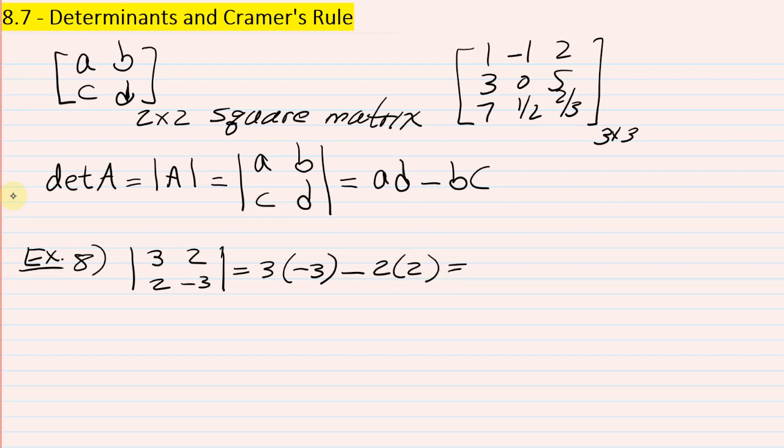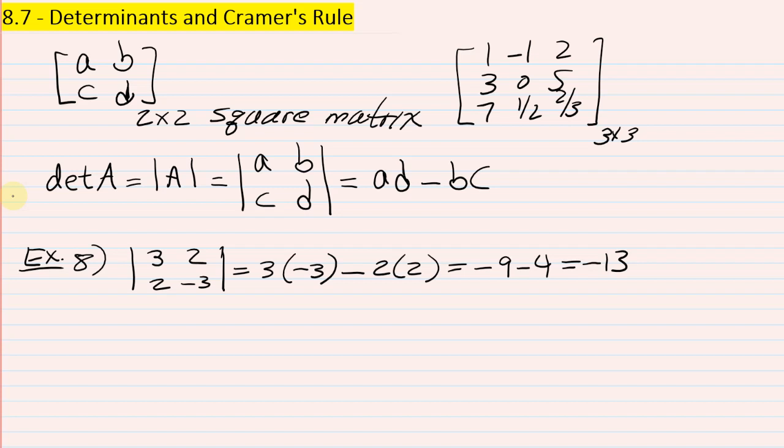That's all you've got to do. That's -9 minus 4, or -13. What does that -13 tell me? In and of itself, it really doesn't mean anything. It's just something we can do with square matrices. Now, we use this in conjunction with other determinants in order to solve a system, interestingly enough.